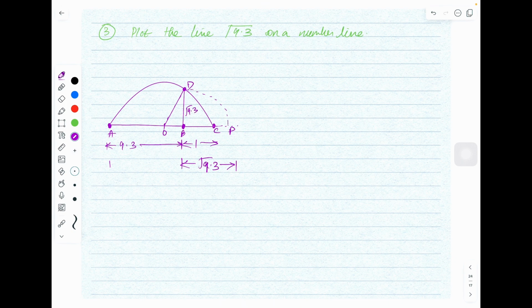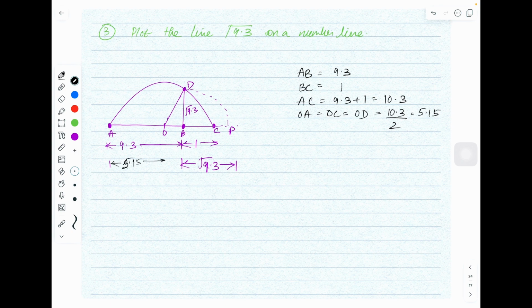See how we are going to find it. First step, we draw a line AB. AB's length is 9.3. BC length, we extend it, we know it is 1. So total AC equals 9.3 plus 1 equals 10.3. Now midpoint is O. So OA equals OC equals OD also. OD equals 10.3 by 2, that is 5.15.